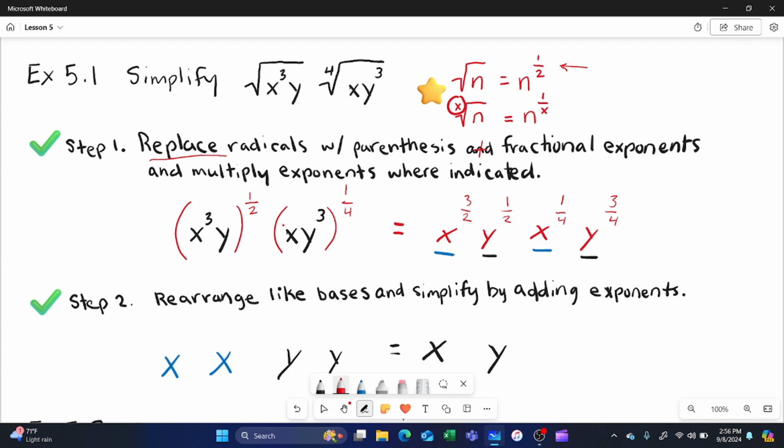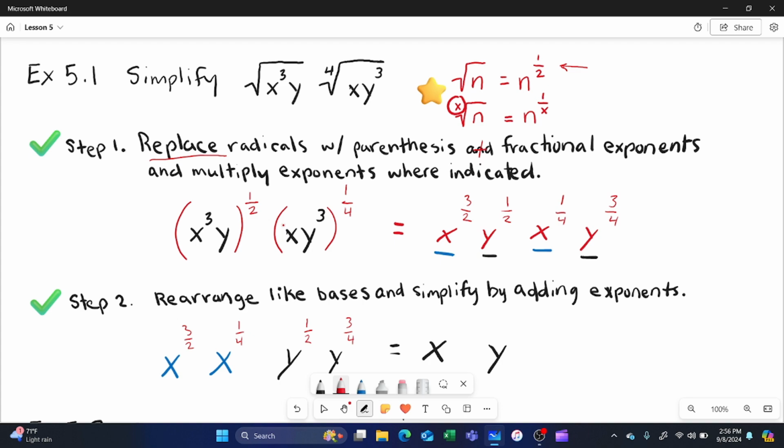Second step will be to rearrange the like bases and simplify by adding exponents. So we'll take the x's together. We're going to end up with 3/2 and 1/4, I believe. Over here we'll have y to the 1/2 times y to the 3/4. Remember, they have like bases.